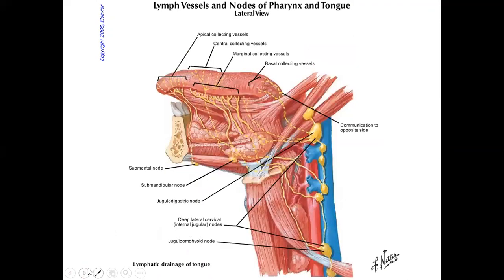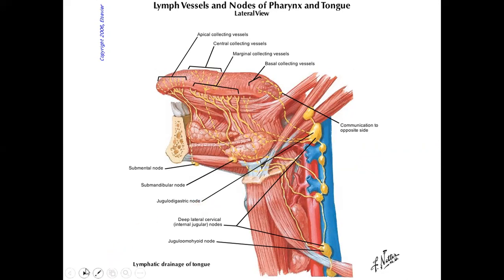So a big thing is knowing what drains what from what area. This picture is good because it's showing you how the tip of the tongue is going to drain into the submental nodes, versus the posterior aspect of the tongue can drain into the jugulo-digastric, versus the middle portion on the sides can drain into the submandibular nodes, versus the central portions can drain back as well.